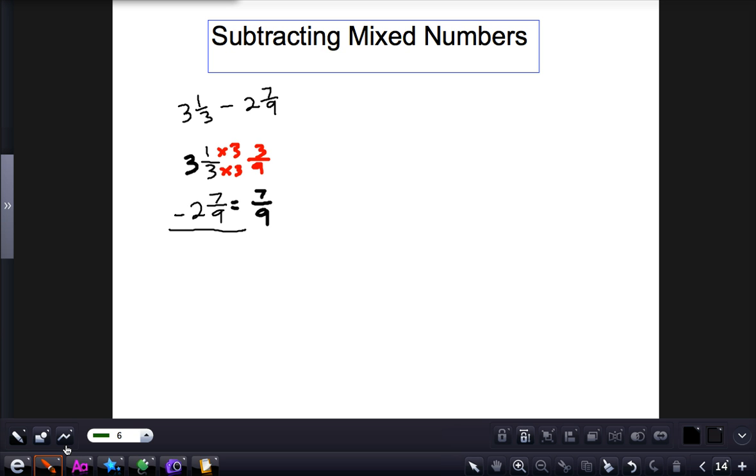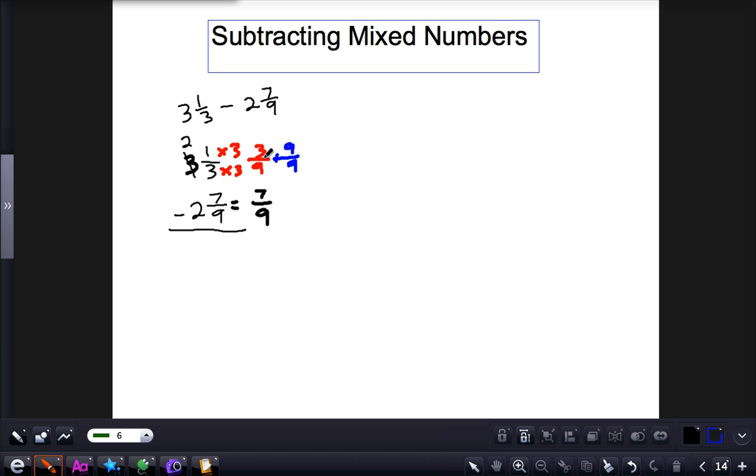I cannot subtract that because 3 is smaller than 7. So in this example I'm going to demonstrate how you can regroup or borrow. So I can take from the 3 and make it a 2, but I'm bringing one whole over to the 3/9. Well, that one whole I'm going to write as a fraction, and I'm going to make it ninths, so it's going to be 9/9.